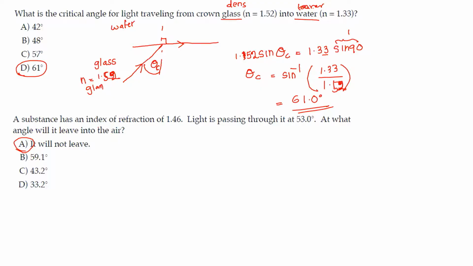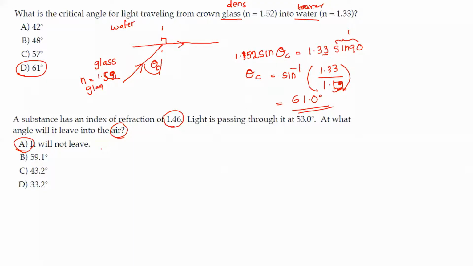Next one. A substance has an index of refraction of 1.46. Light is passing through it at 53 degrees. At what angle will it leave into the air? So what they're saying is light is coming with an angle like this. The important thing here is, can you see that light is going from a denser medium to air?